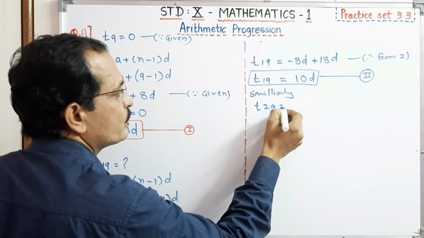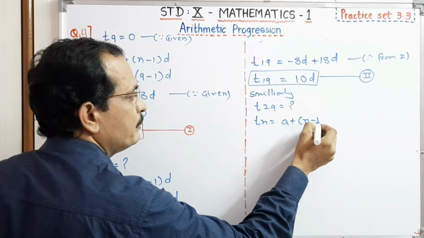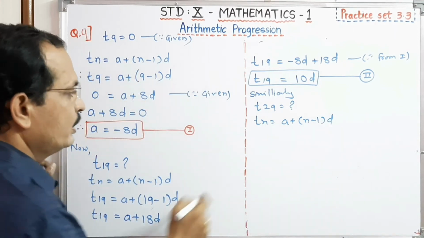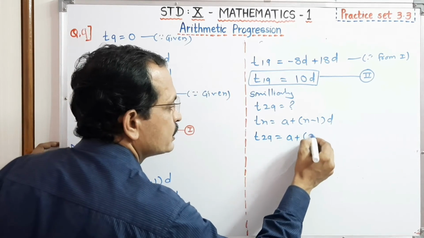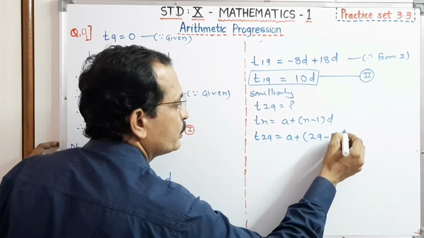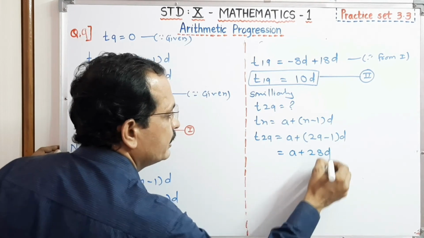Similarly, T29. Tn is equal to A plus n minus 1 into D. Now T29 is equal to A plus 29 minus 1 into D. Now here A plus 28D.